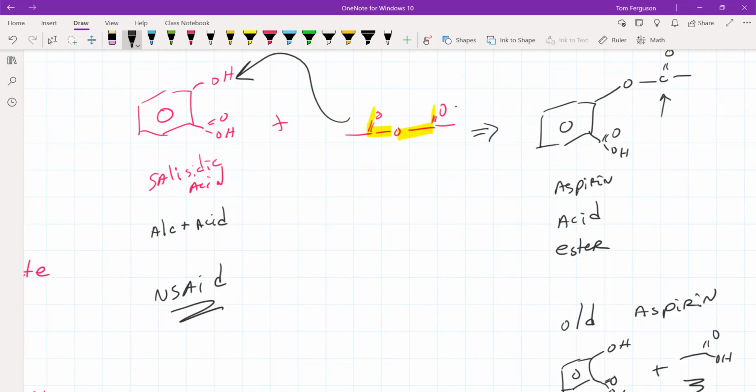That would be your ibuprofen, Tylenol, aspirin, salicylic acid, almost anything except the steroids. And they all act on arachidonic acid to form a prostaglandin. And there are two kinds of prostaglandins. One's good, one's bad.